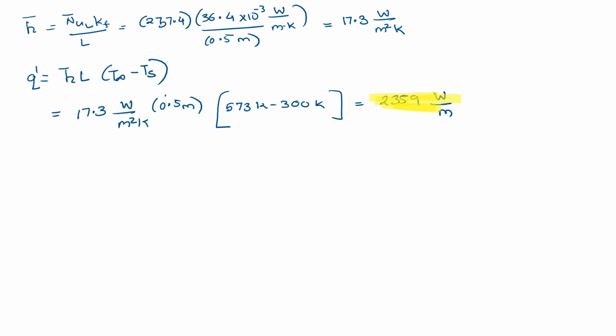Then we found a proper correlation which we could use. Using the correlation for Nusselt number, we calculated the Nusselt number, and based on it we calculated our heat transfer coefficient and then our heat per unit length in this problem.